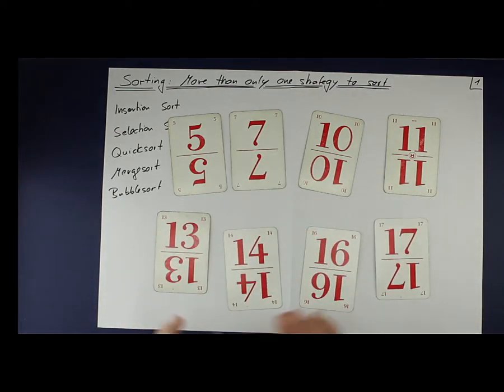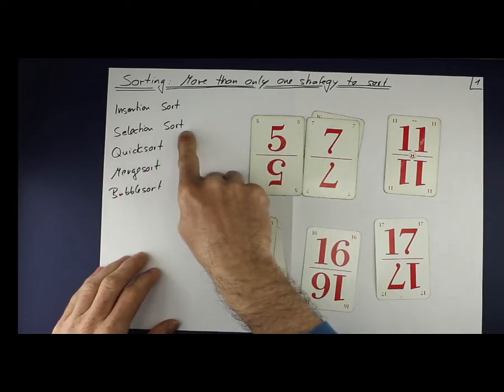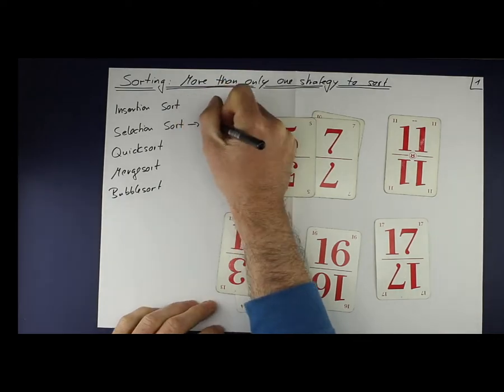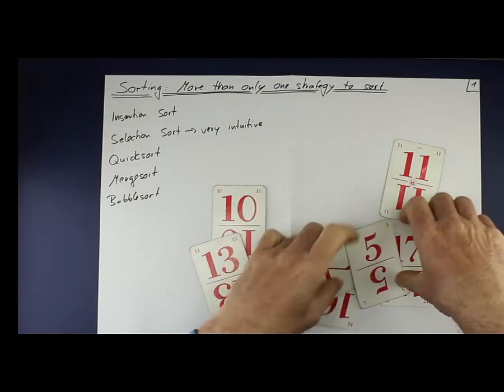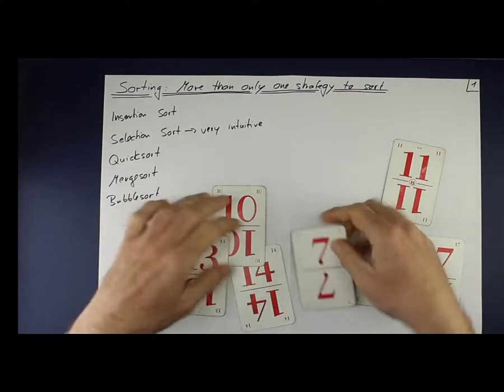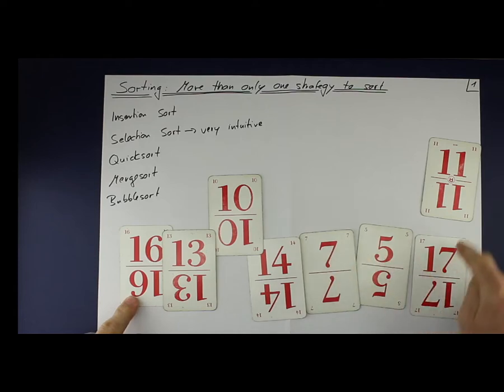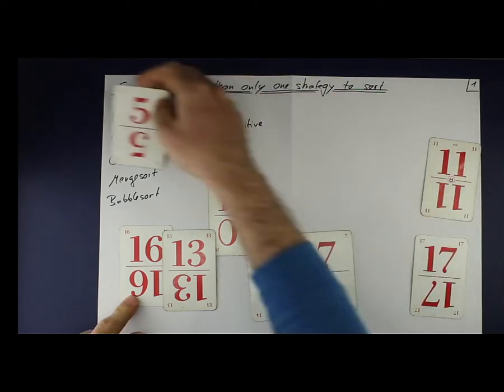Okay, what was my strategy? My strategy was selection sort, a very intuitive strategy. What did I do? If I have a deck of cards, I go through all cards and find out what is the one with the smallest value.